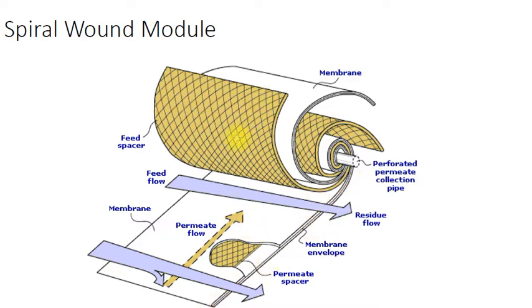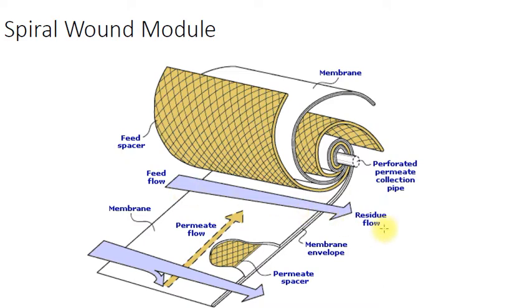Above this envelope you have a spacer. Spacer means there is a polymeric net which provides space for the liquid to flow. There is a spacer inside the envelope also. The feed enters in this direction and leaves in this direction above the envelope.